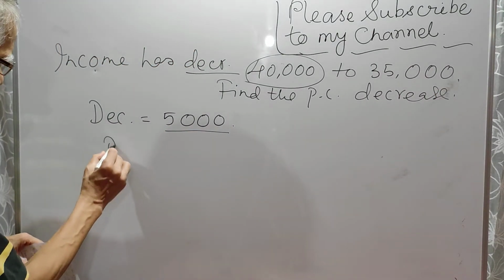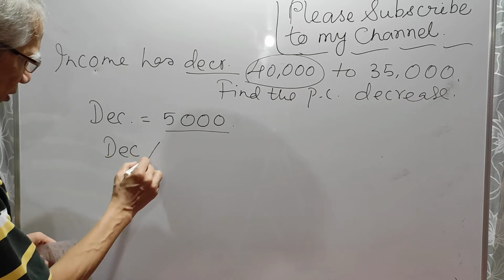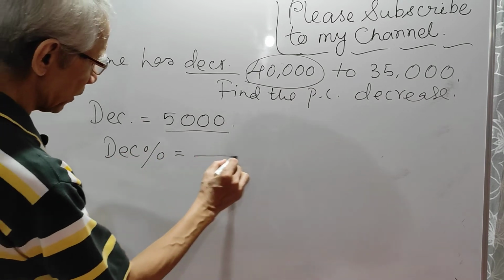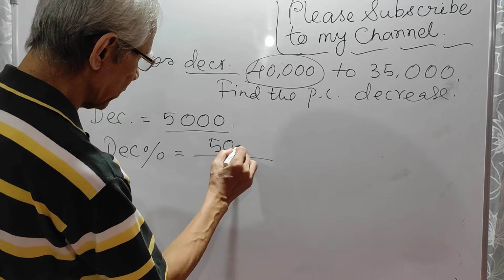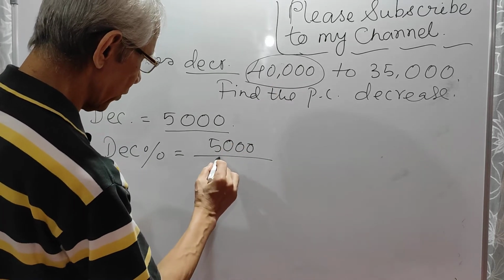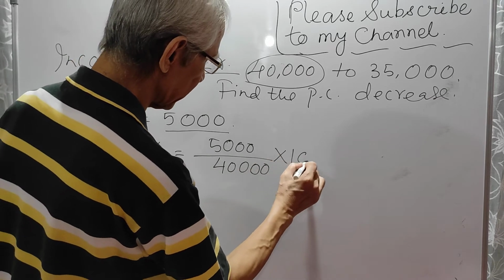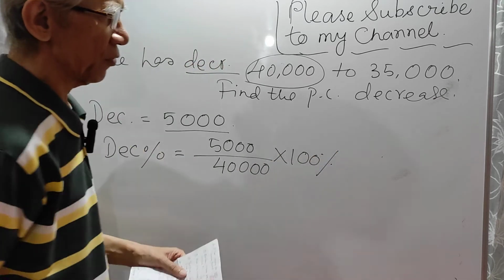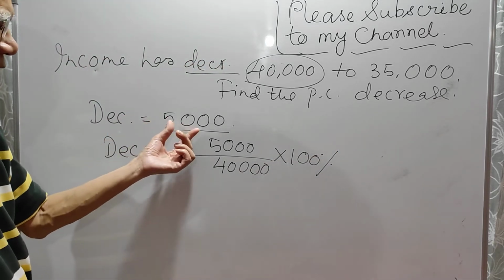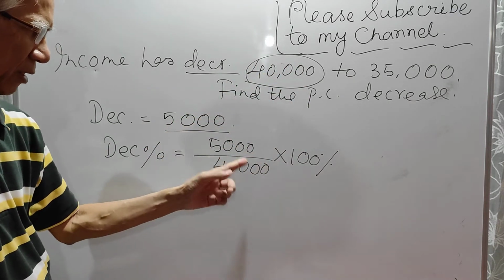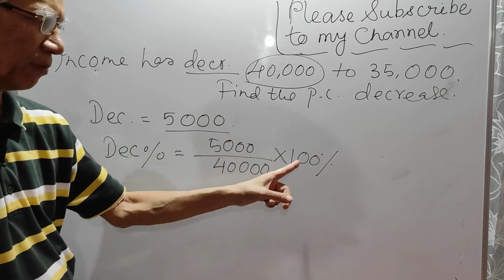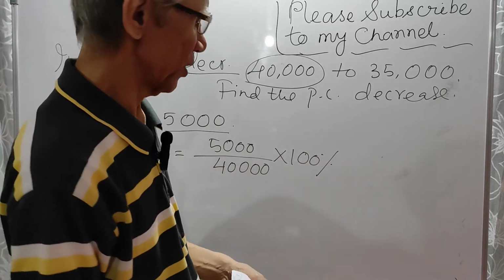So now decrease percent will be what? This decrease 5,000 by the original number 40,000 into 100%. So first of all, we express this decrease as a fraction of the original number, then multiply by 100% to express it as a percentage.